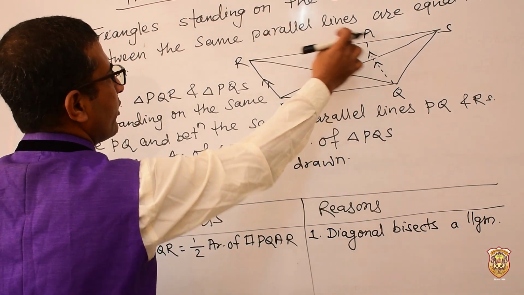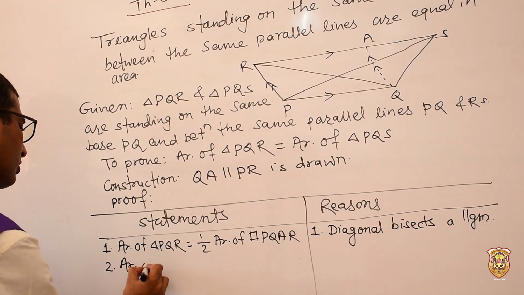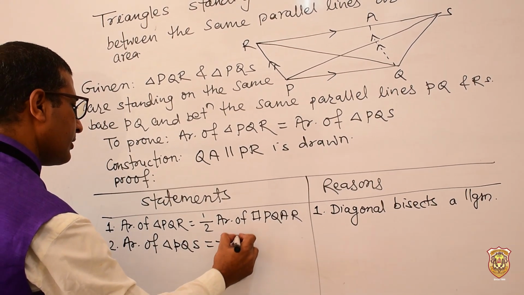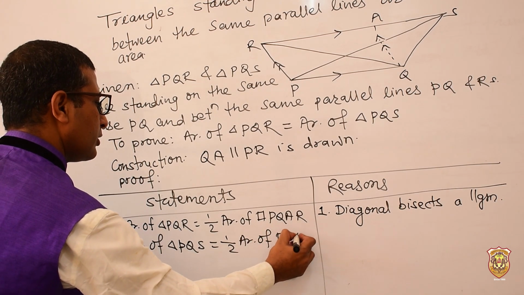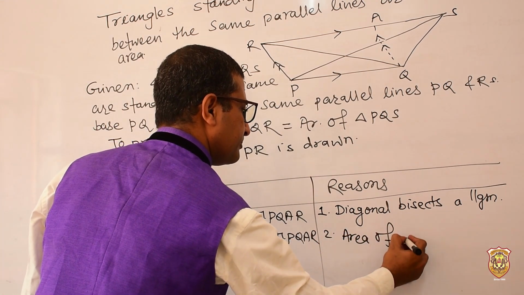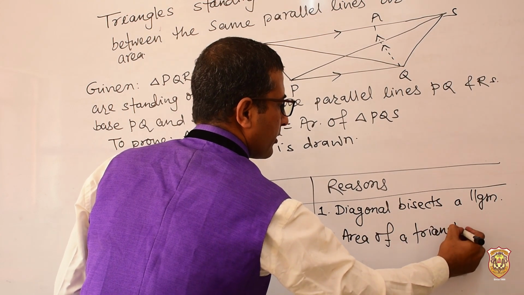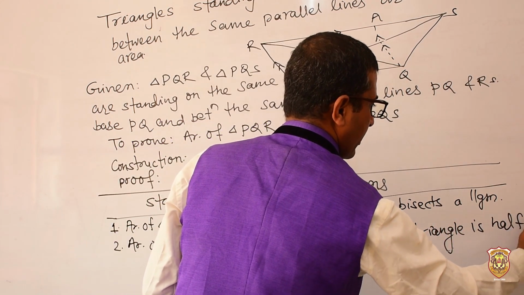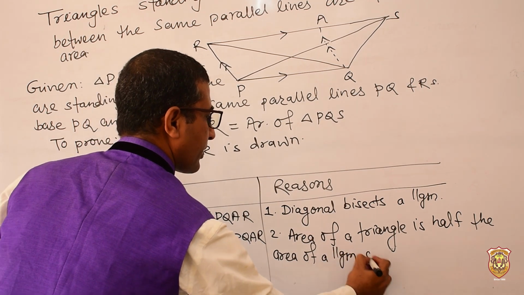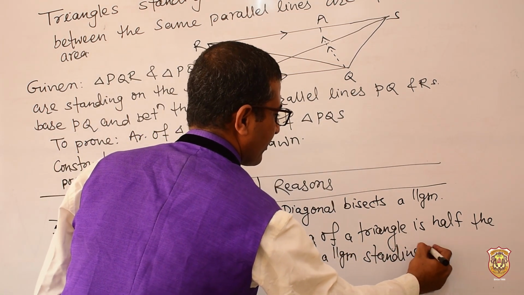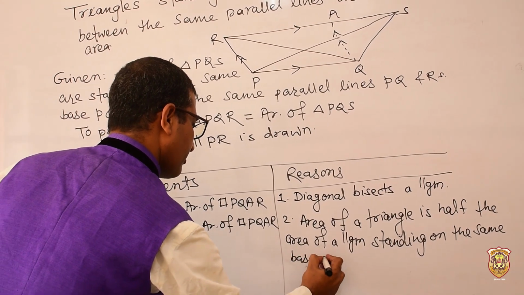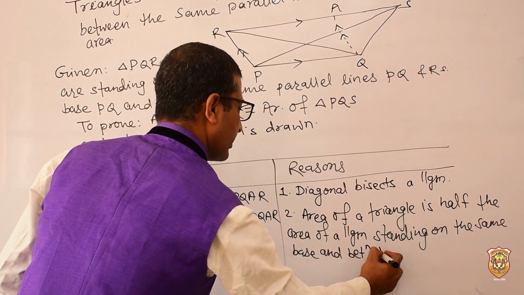For the second, this triangle and this parallelogram, area of triangle PQS equals half the area of parallelogram PQAR, that is area of a triangle is half the area of a parallelogram standing on the same base and between the same parallel lines.